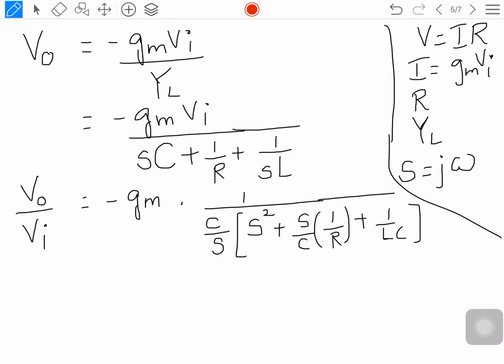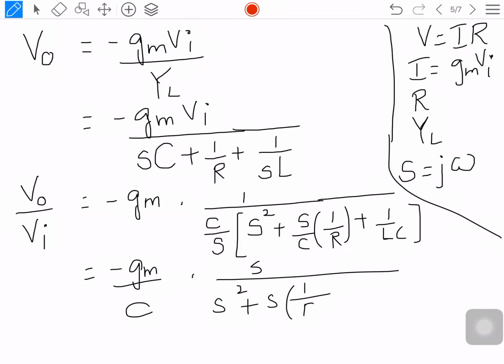Now rearranging the equation, minus gm by C into S by S square plus S into 1 by RC plus 1 by LC. This is how it will be left over. This equation is nothing but a second order band pass function.